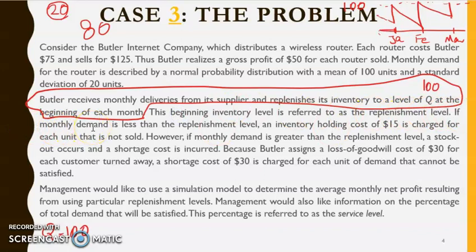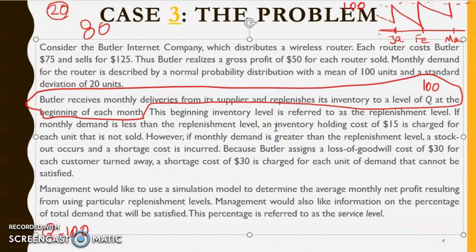Here we have the beginning inventory, the beginning inventory that we have is 100. Here it says if monthly demand is less than the replenishment level, it means that if the monthly demand is less than 100, there would be inventory at the end of the month, because the inventory at the beginning of the month is 100 and the demand is less than 100.